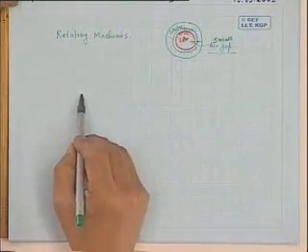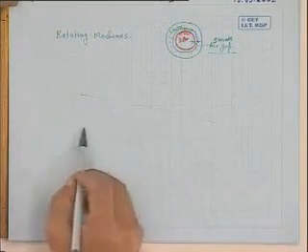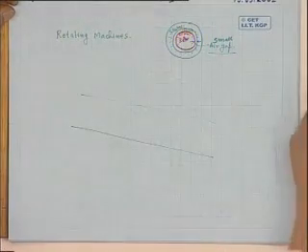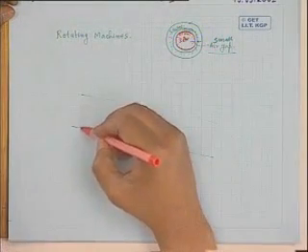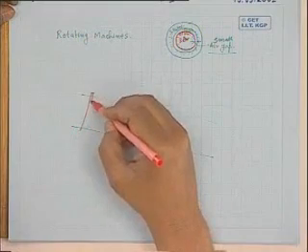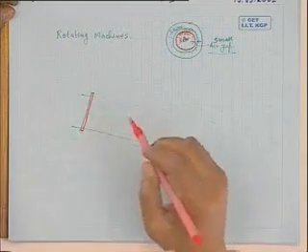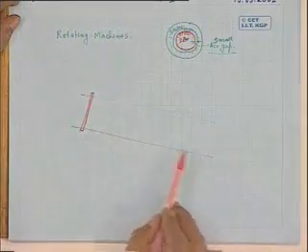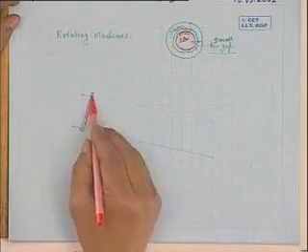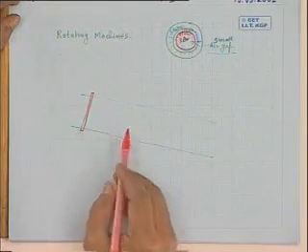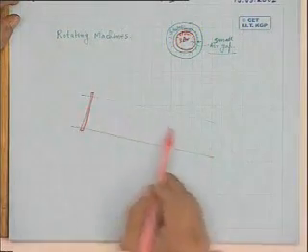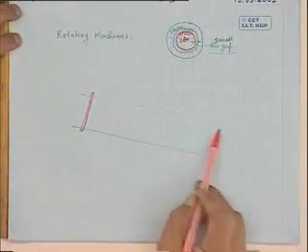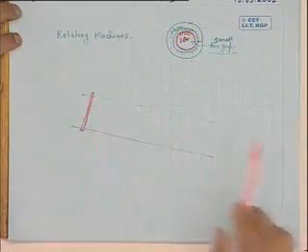Suppose you imagine that there are two rails here, and on these two rails you have a conductor placed on wheels so that it can move like this. So this is the track and this is a single conductor.